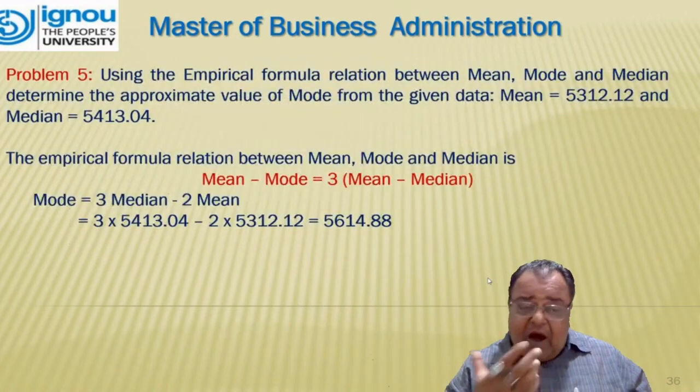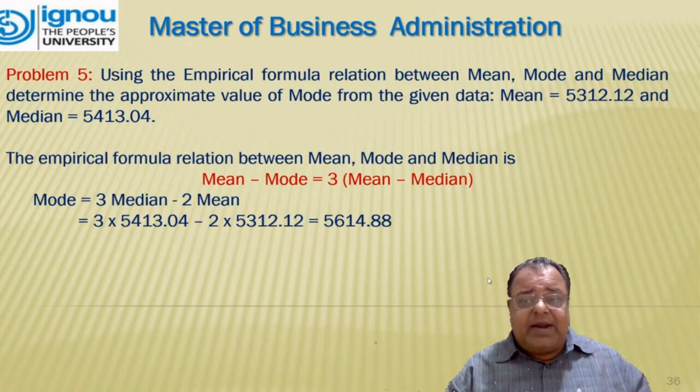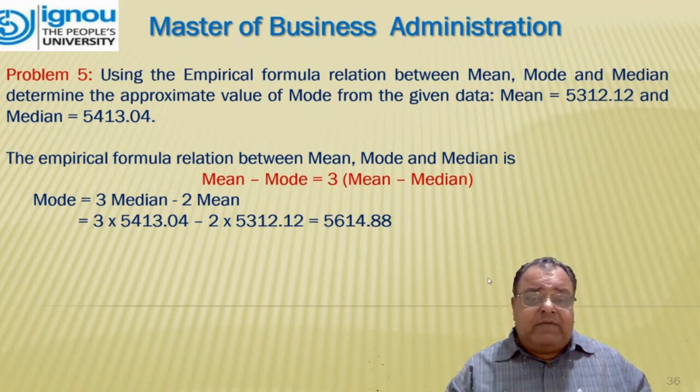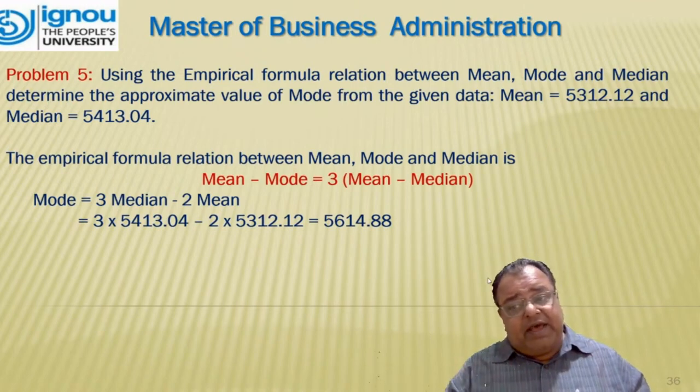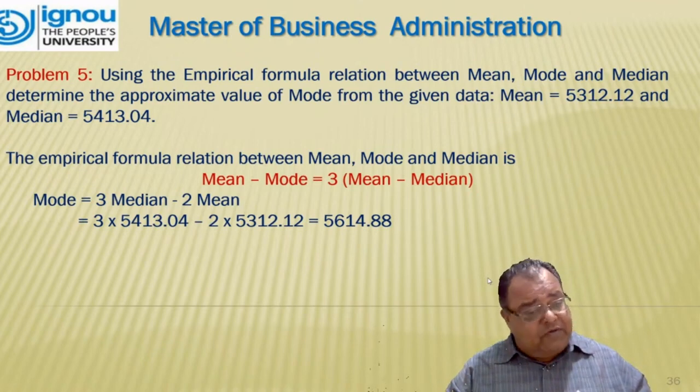Now, how to use the empirical relation? You know that there is an empirical relation between mean, mode, and median. We have to determine the approximate value of mode for the given data. We have mean as 5312.12 and the median is 5413.04.